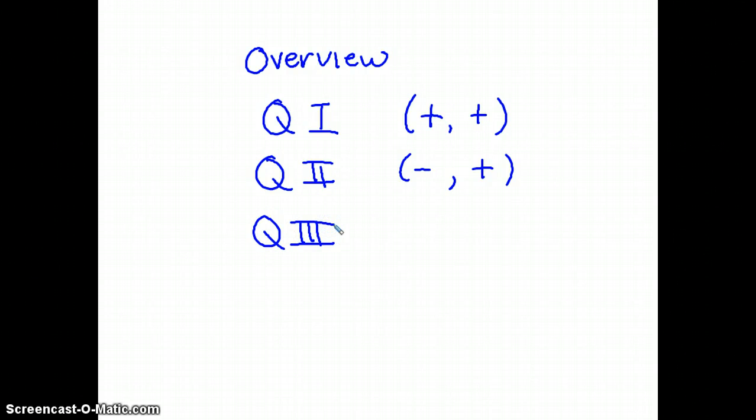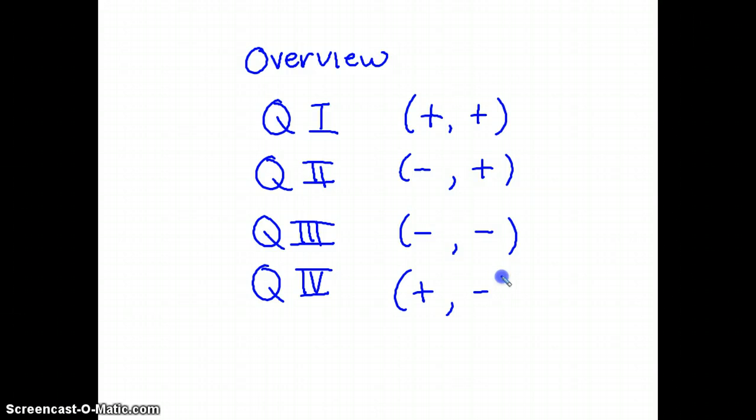Quadrant 3, you will be having both a negative x value and a negative y value. Quadrant 4 will give you a positive x value with a negative y value.